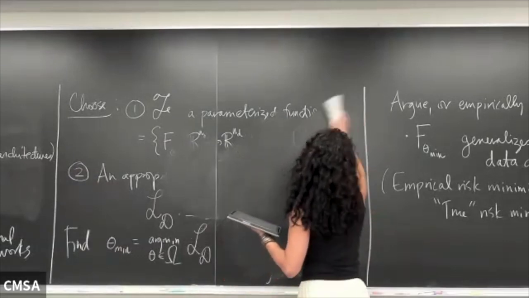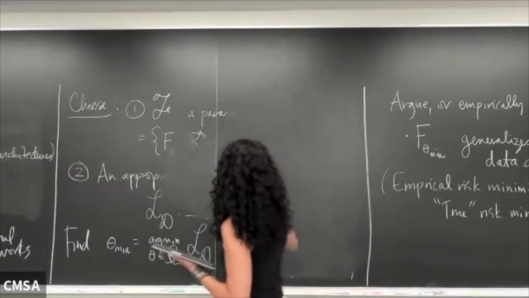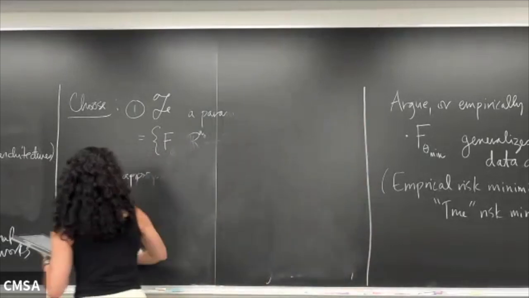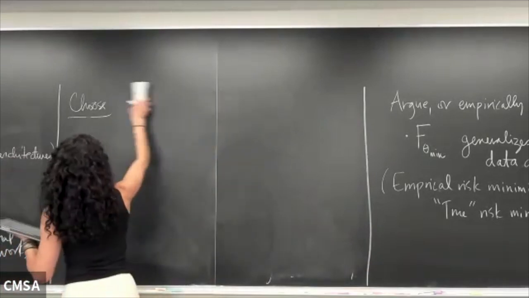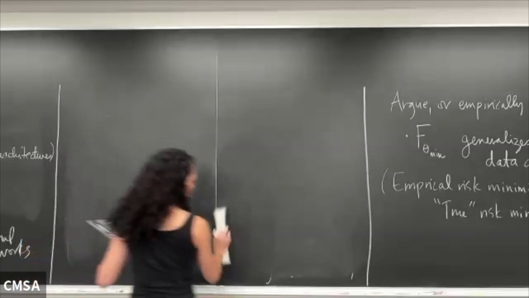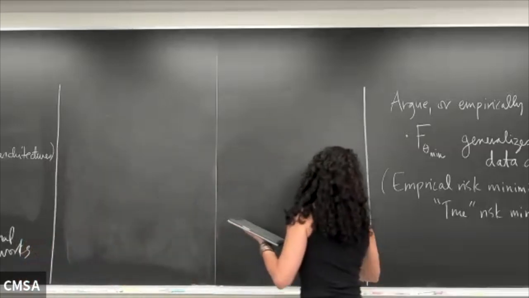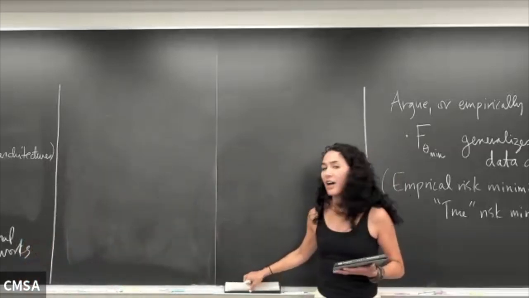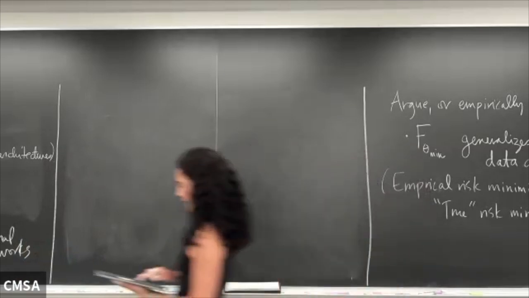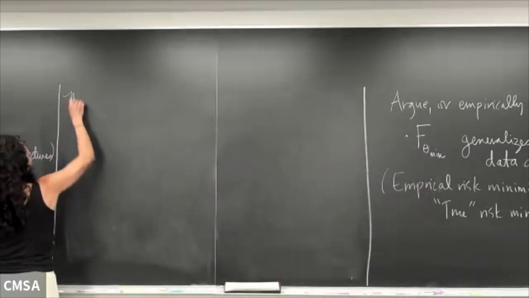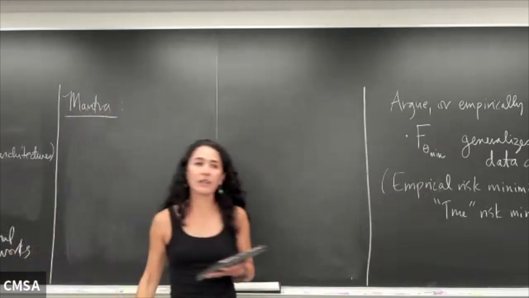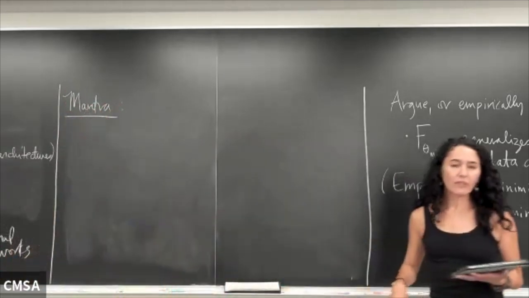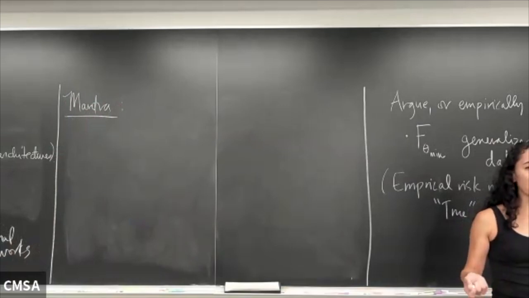Before I tell you anything concrete and precise, I think it's always nice to set the stage by pointing out some themes. I'll start with a mantra, which is my personal mantra for the things that I've thought about: geometry matters when you're studying these parameterized function classes.